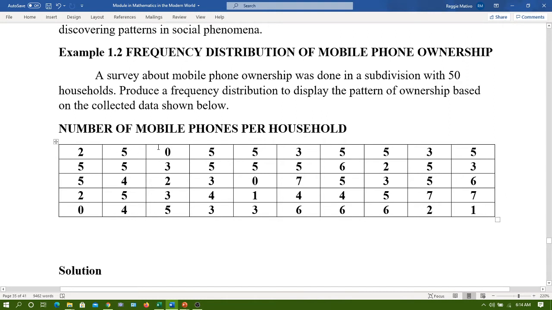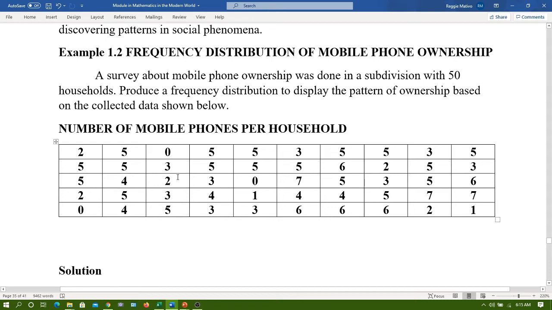Probably house number one has two cell phones, house number two has five cell phones, house number three, no cell phone at all, house number four, five cell phones. So look at that. These are all the gathered data from the 50 households in a subdivision. So our problem is how to make a frequency distribution.